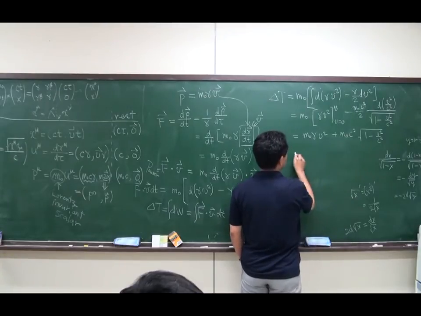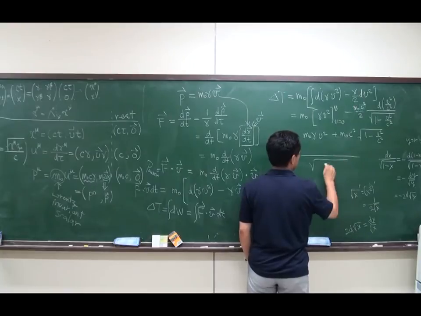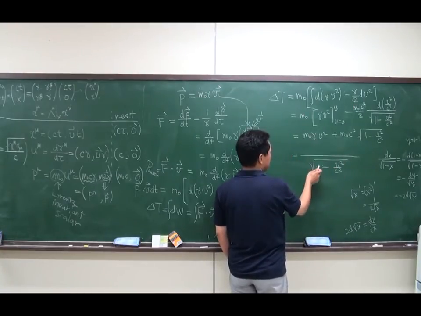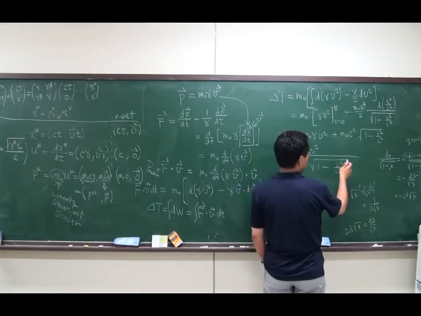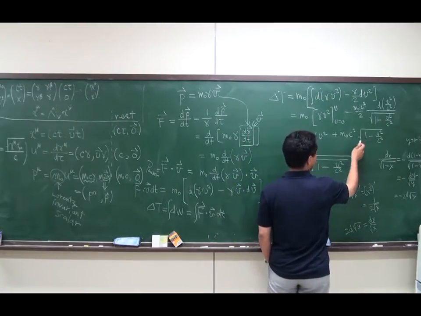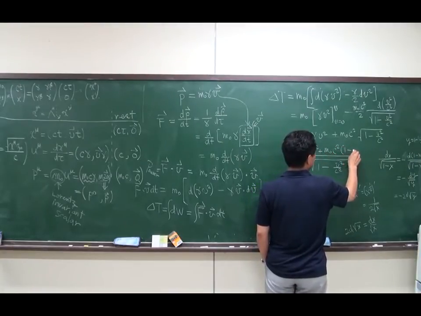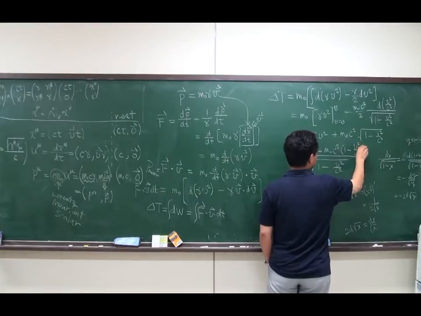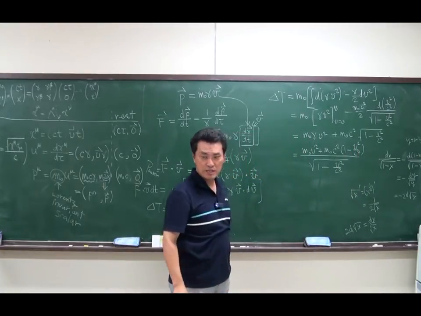So what is that? Let me factor this 1 minus v squared over c squared in the denominator, that is gamma. And because of this, it becomes plus m0 c squared times the square root of 1 minus v squared over c squared. And this guy and this guy are exactly the same, they cancel.